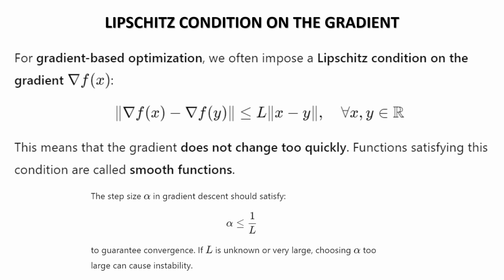The Lipschitz condition ensures that the function, or its gradient here, does not change too abruptly. In gradient descent, this condition helps set a proper learning rate alpha for convergence. Many real-world problems such as logistic regression, deep learning, and economic modeling rely on Lipschitz conditions for stability.